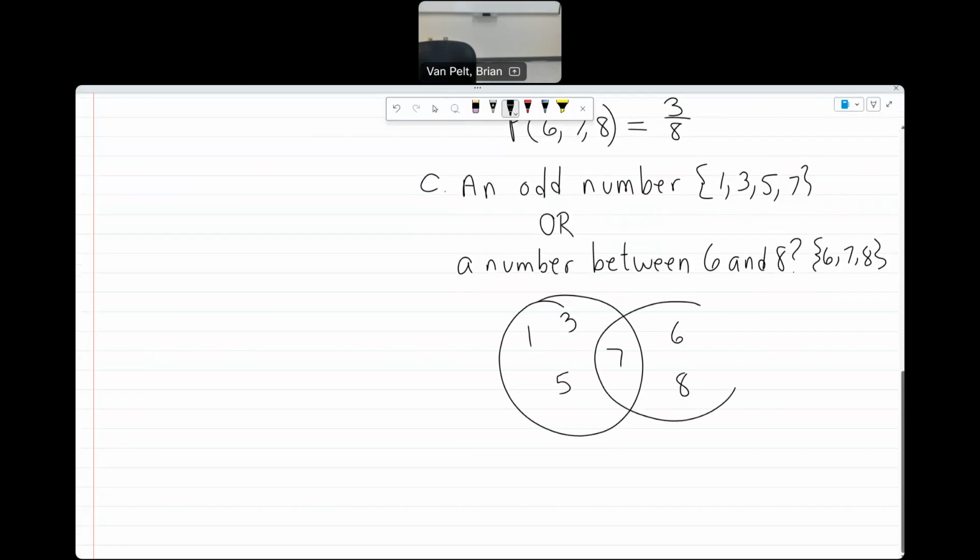All right, so here's my situation from a visual perspective. I have 1, 3, 5, 7 on the one hand, and then I've got 6, 7, 8 on the other hand. You see how these two share a 7? This is OR. What's shaded here is the OR situation.